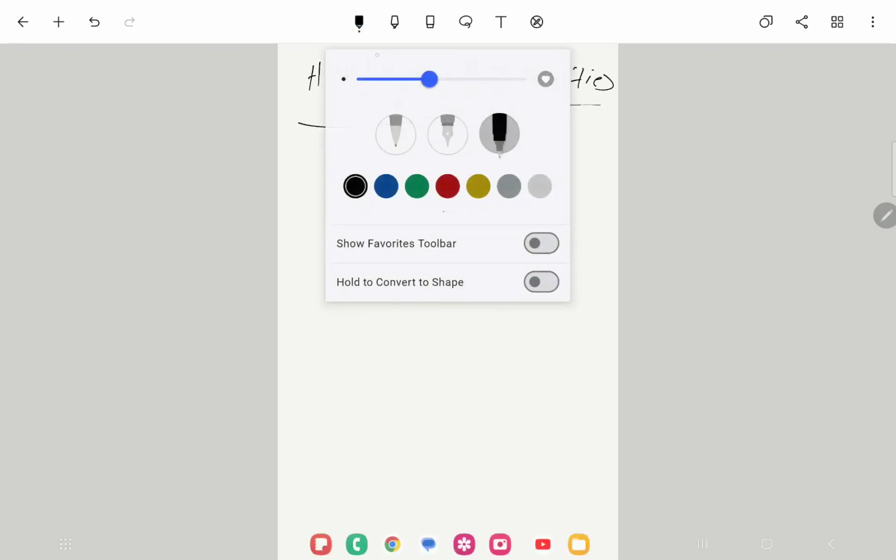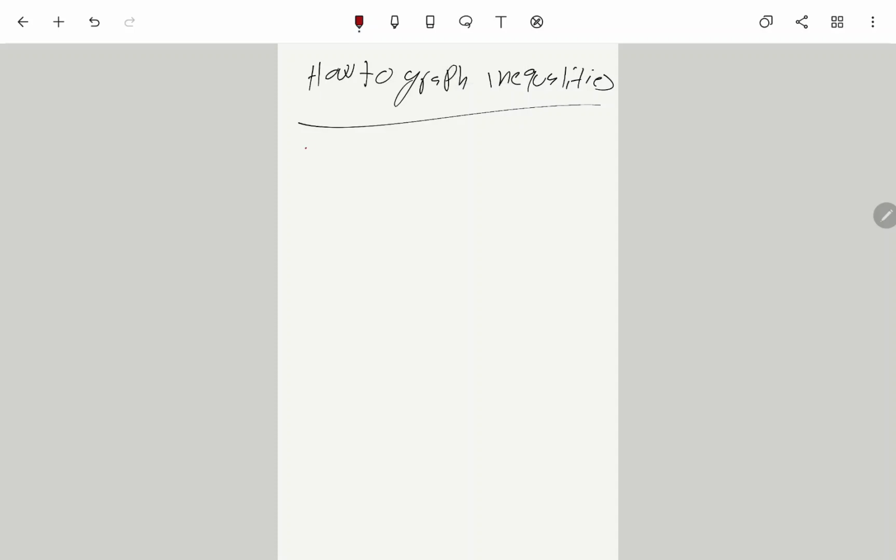Remember, your first example was x less than 8. So we need to graph a line like this, and in the middle you can put 0 or you can put 8.